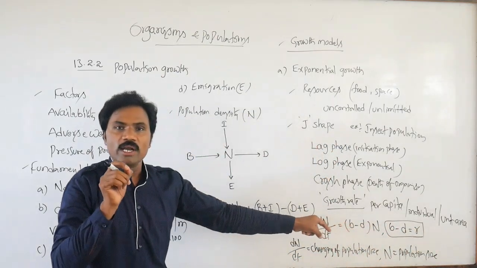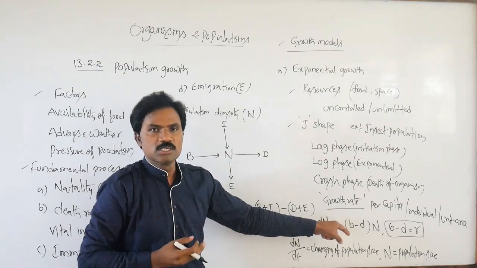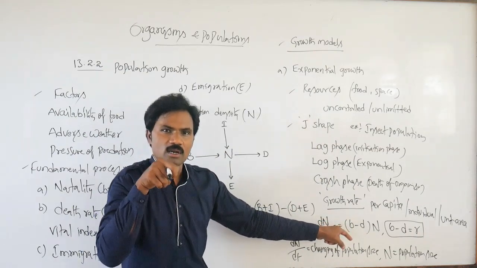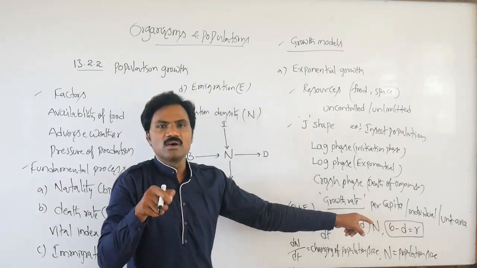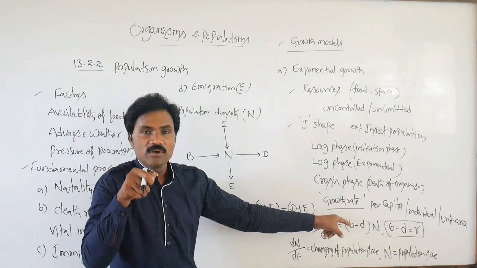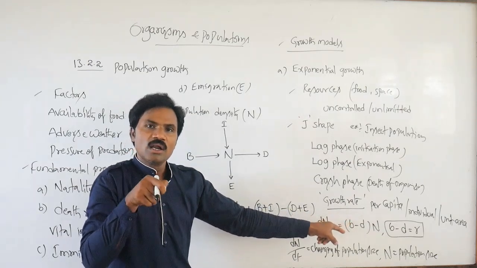r plays a vital, principal role in the growth rate of the population. What does that small r represent? Intrinsic rate of natural increase.